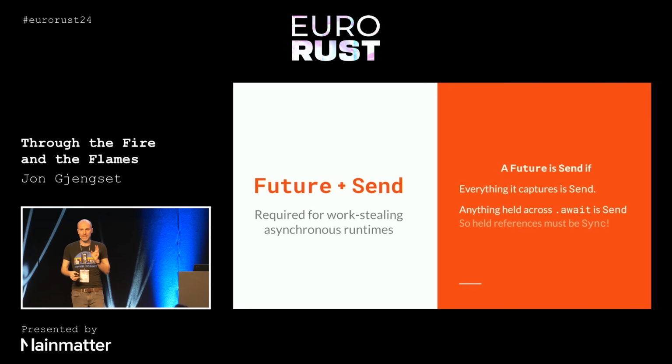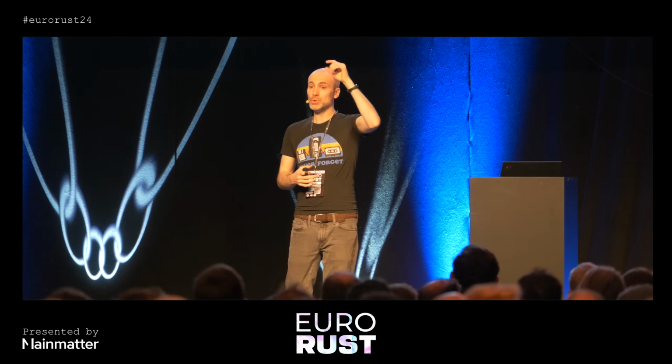The second one, and this is what tends to trip people up, is that anything you hold across an await point must also be Send. So imagine, for example, that you take a standard library lock, you get back a MutexGuard, then you call await, and then you try to use that guard. There are a bunch of reasons why you probably shouldn't do this, but one of them is that the MutexGuard is not Send, as we talked about before.